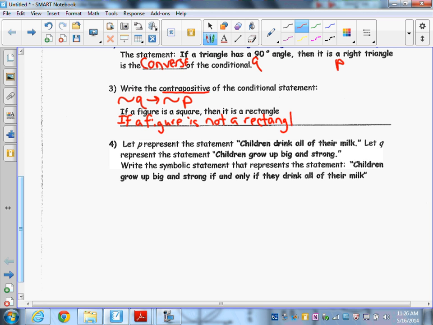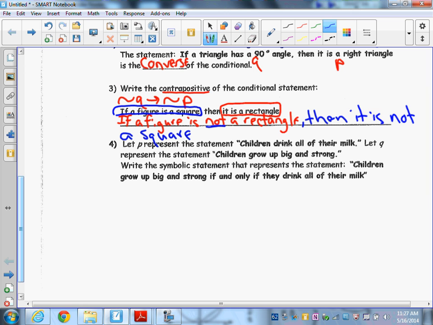So do you see how we took the ending statement and we put it first, and we put a not in here, then it is not a square. So again, we took the beginning part, we flipped it, and we put a not in there.